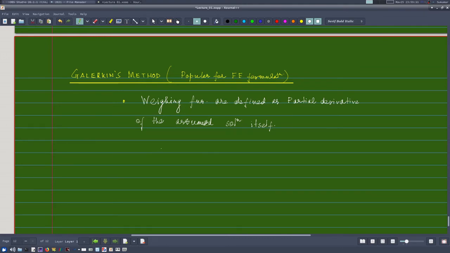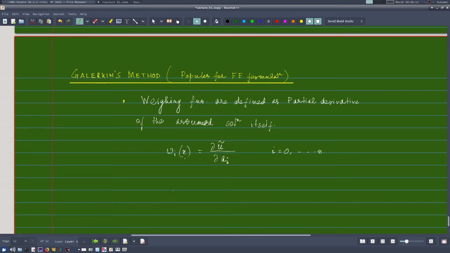We define my weighting functions as W_i(x) defined as del U tilde del a_i. Instead of error, I use the approximate solution directly for all i equal to 0 to n, and this is more commonly known as Galerkin's method.